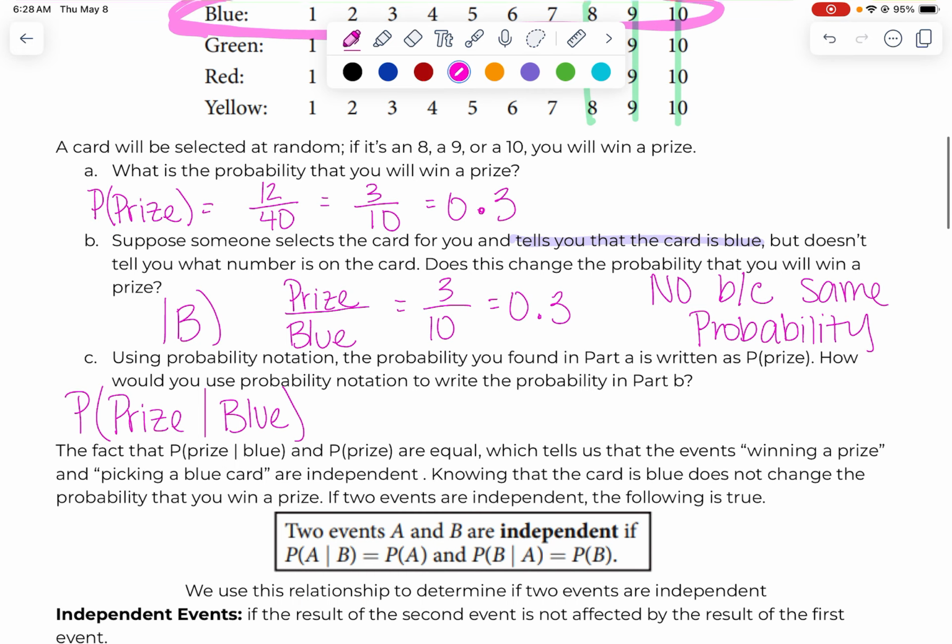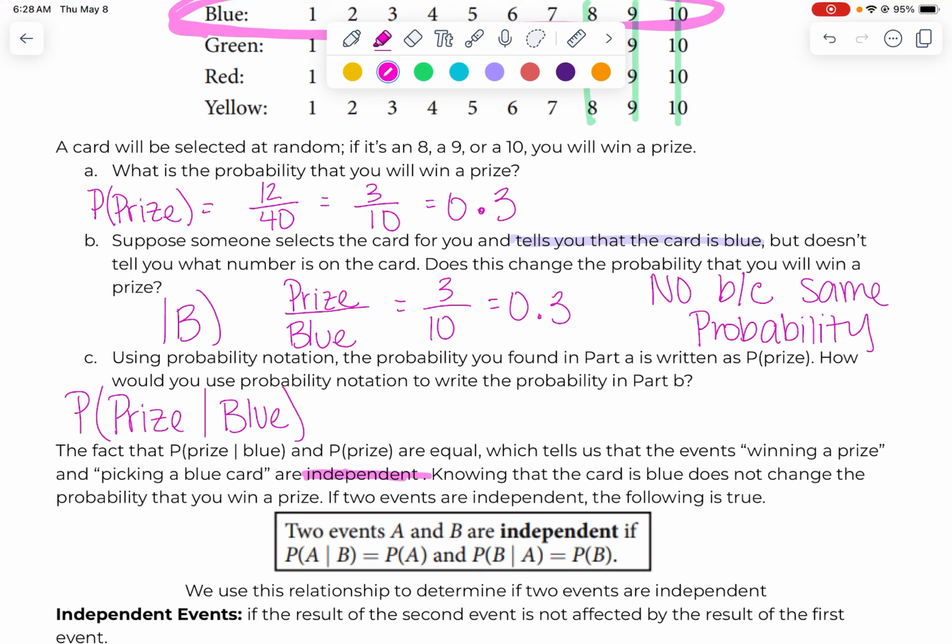Now, the fact that the probability of a prize given blue and the probability of a prize are equal tells us the events of winning a prize and picking a blue card are independent. Knowing that the card is blue does not change the probability you will win a prize.